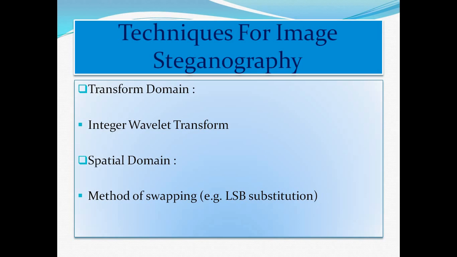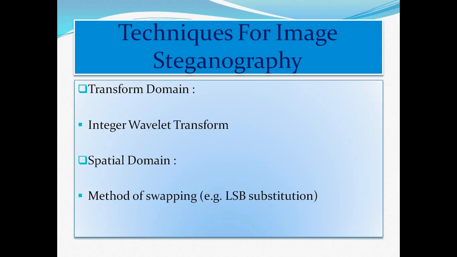The lack of quality arises when some changes are made to the embedded image. For example, if the embedded image is compressed, then since the pixel values have the values of least significant bit associated with it, the compression will distort the image completely, and hence no such operation is to be performed on the image, and thus it is not robust.